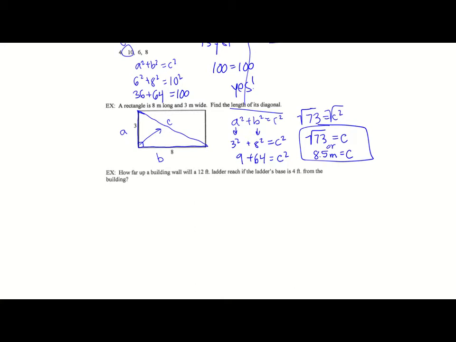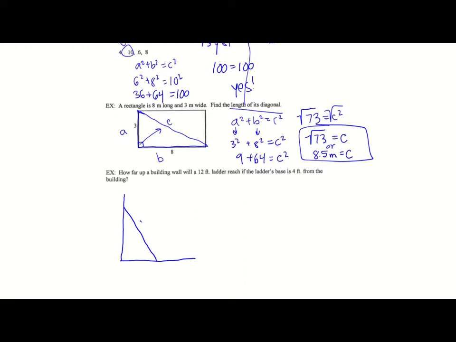Okay, we have one more question. How far up a building wall will a 12-foot ladder reach if the ladder's base is 4 feet from the building? So if we have a building on the ground, we put up a ladder that is going from the ground to the building wall.